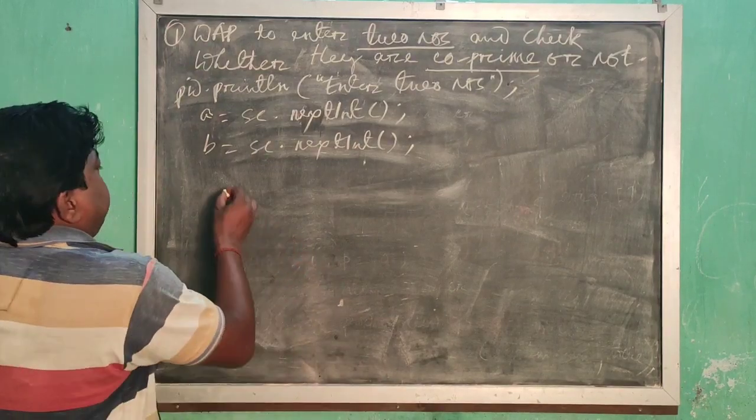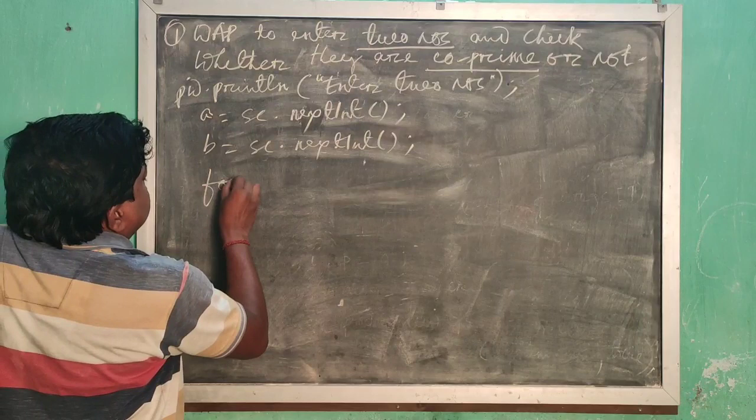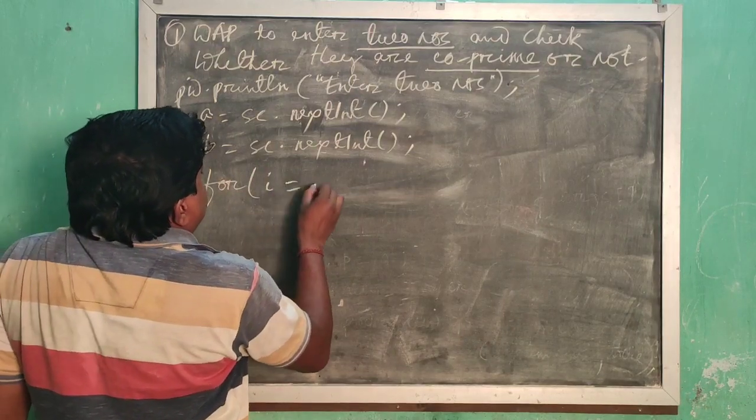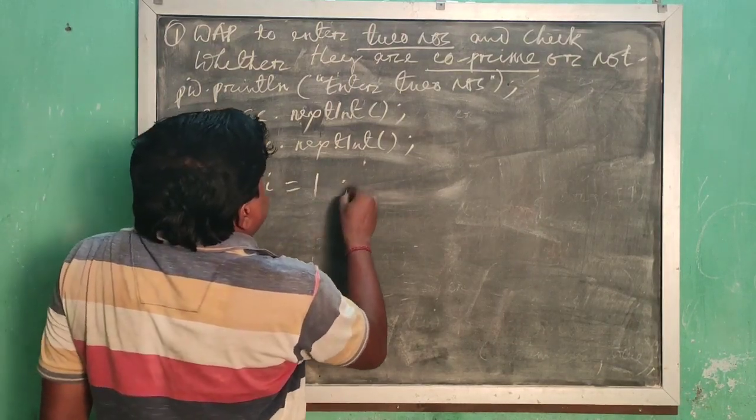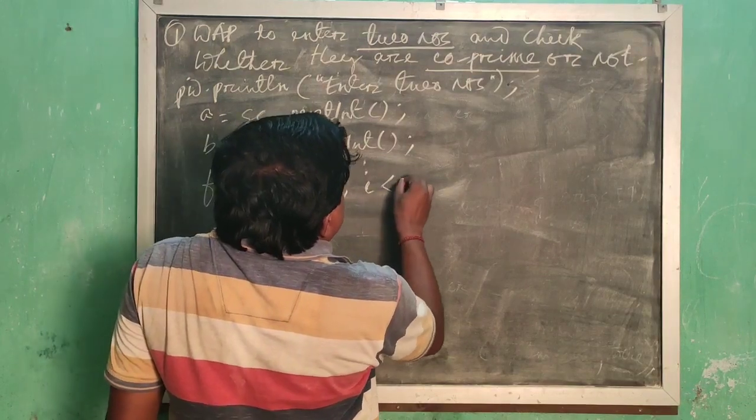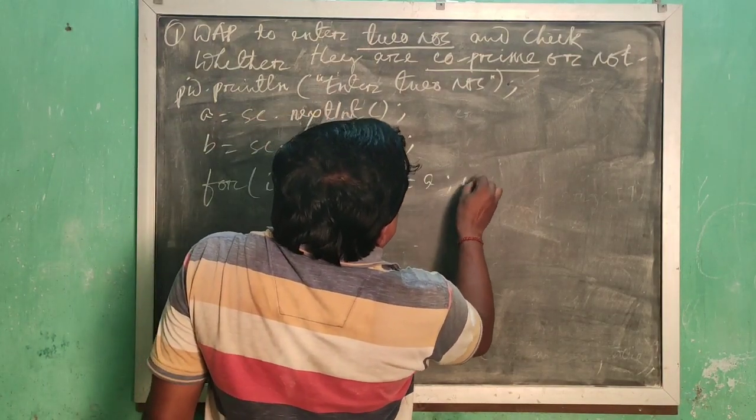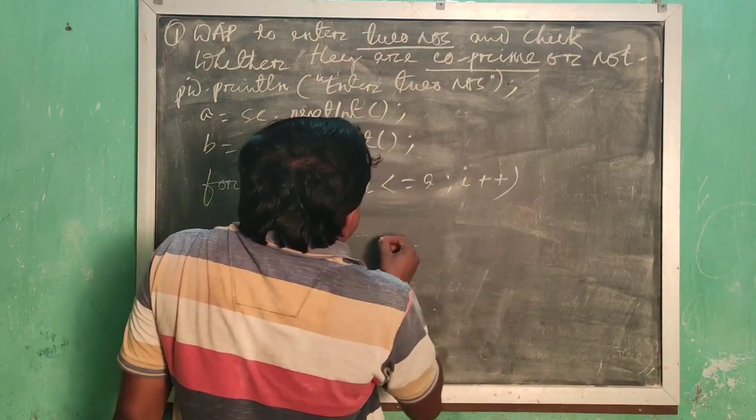Then the logic will be: you write for i equal to 1, i less than or equal to a, i plus plus.